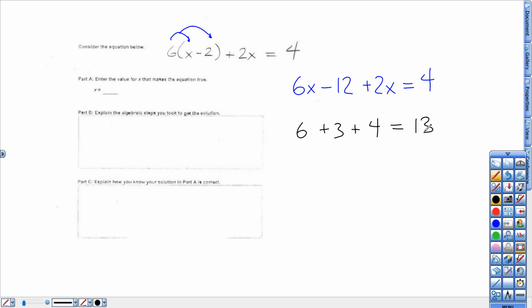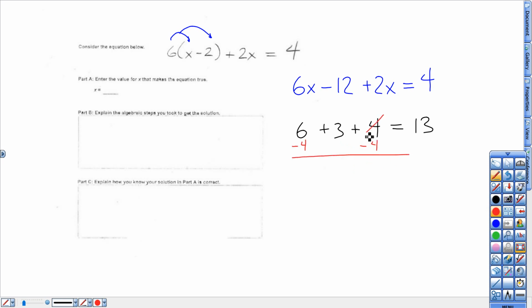I could combine like terms together, and what that does is it doesn't affect my equation, keeps it still true. That's still a true equation. I could combine like terms together, and that doesn't change my equation. That's still true. But what hacks up my equation is when I start to do inverse operations on the same side.